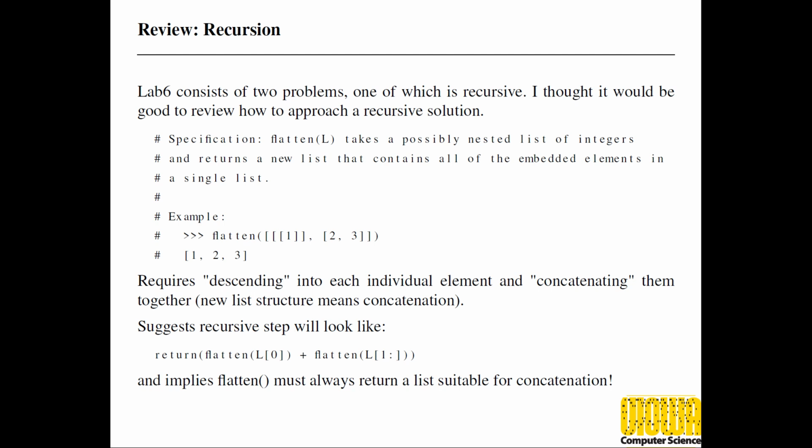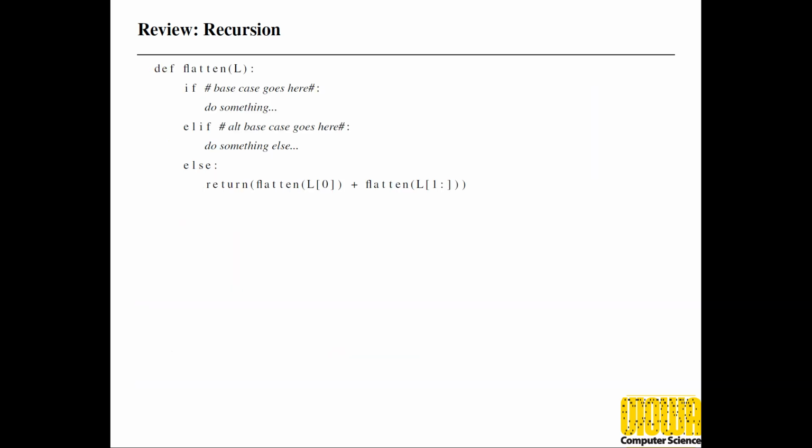I know that the recursive step is going to do something to the first element and then do the same thing to the rest of the elements. That the recursive call to flatten, and indeed every call to flatten, returns a type list. And then I'm going to take those and concatenate them to get new lists that I return. So let's take a look at what that might look like. So here's my skeleton for what my recursive function looks like.